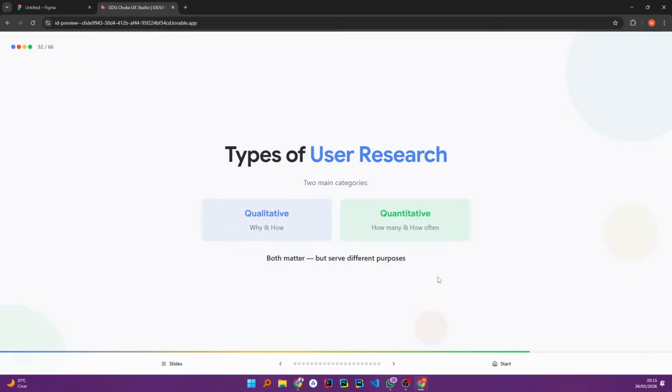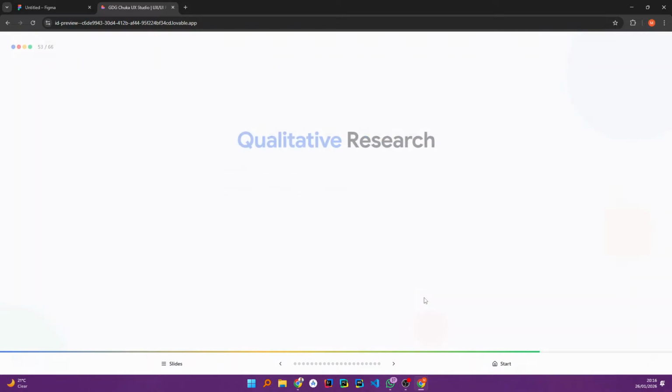And the quantitative one usually talks about how many and how often. Although they are distinct, they usually work hand in hand. So they usually both matter. And we're going to look deeper into them, starting with qualitative research.